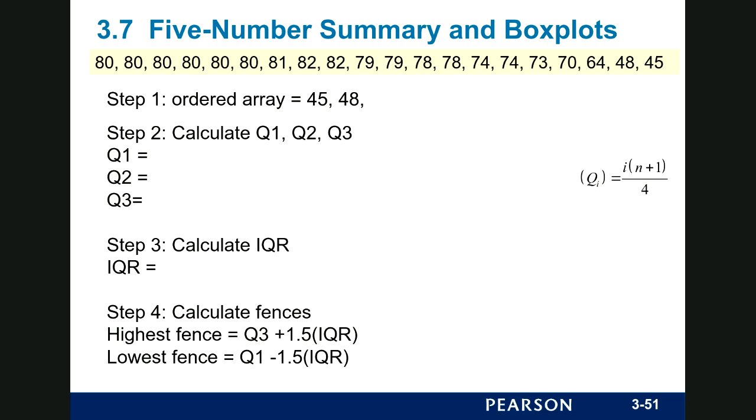Oh, yeah, I see it. 1, 2, 3, 4, 5, 6, 7, 8. Yeah, I think that seems right. We have another 82, I think. Okay, is that 20 observations? Can someone count for us, please?